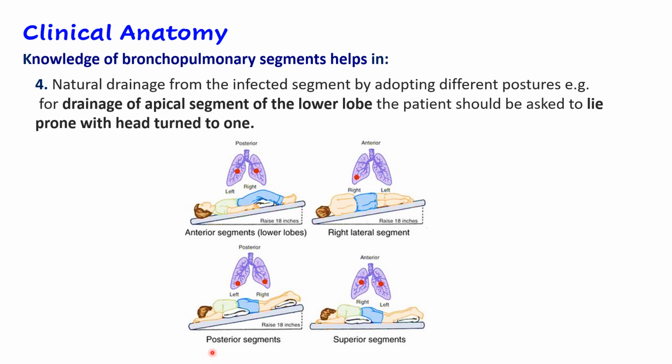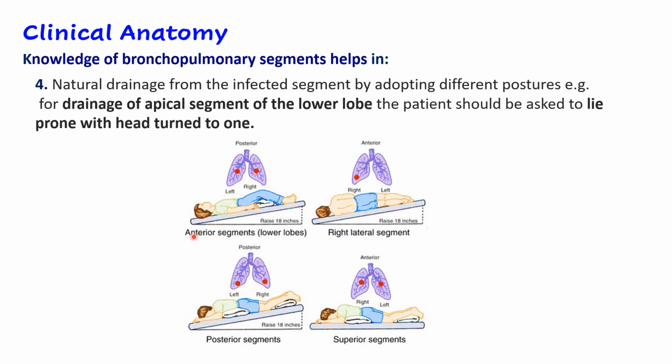This is in case of the posterior segments. In case of posterior segments, the lower part of the body has to be raised, right? So gravity helps in draining it, and the patient has to be in prone position. Whereas for anterior segments of the lower lobe, which are rarely involved, what has to be done? The legs have to be raised and the person should be in the, you can see here, supine position, right?